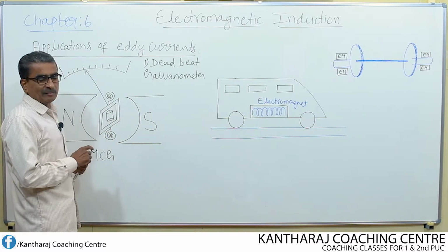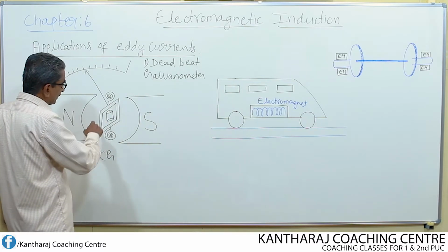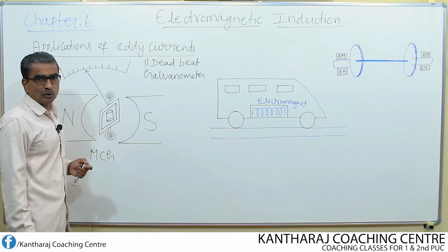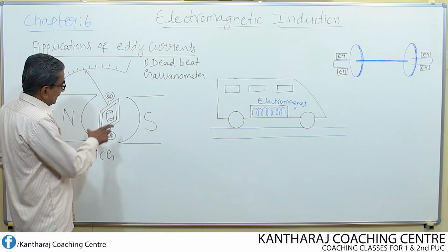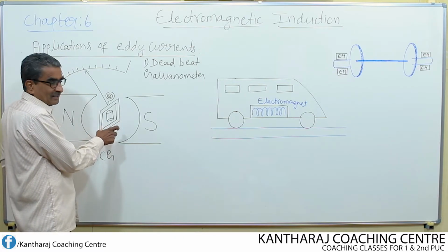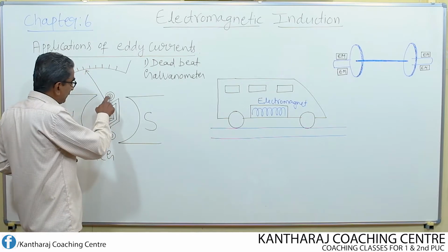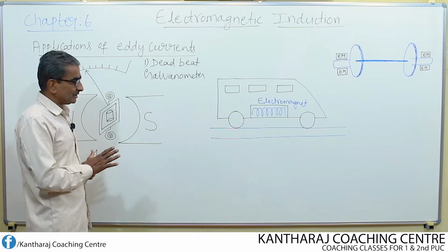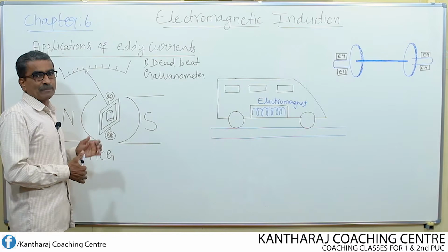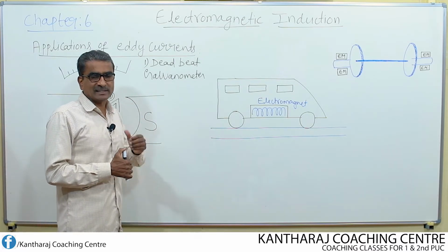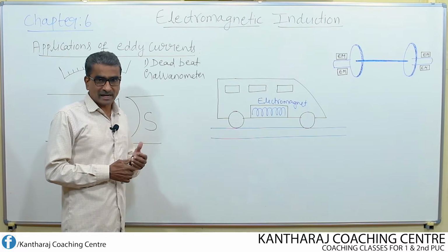This moving coil galvanometer consists of a rectangular coil of wire which is going to oscillate between two concave pole pieces. For this rectangular coil, the restoring couple is provided by two spiral air springs. All this we studied while discussing the moving coil galvanometer under the chapter moving charges and magnetism.